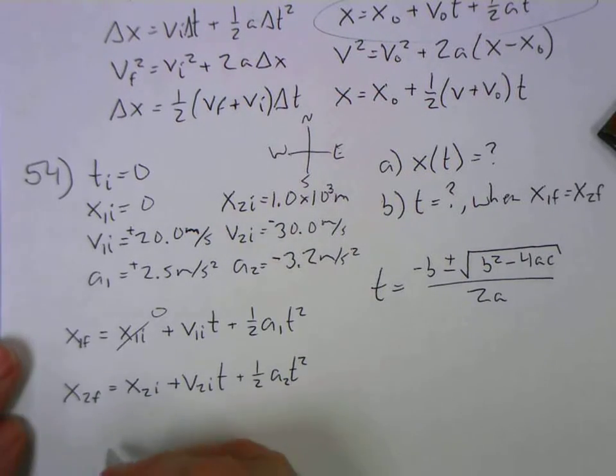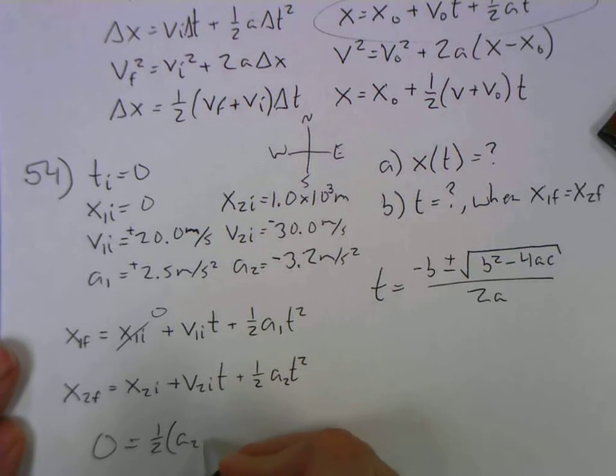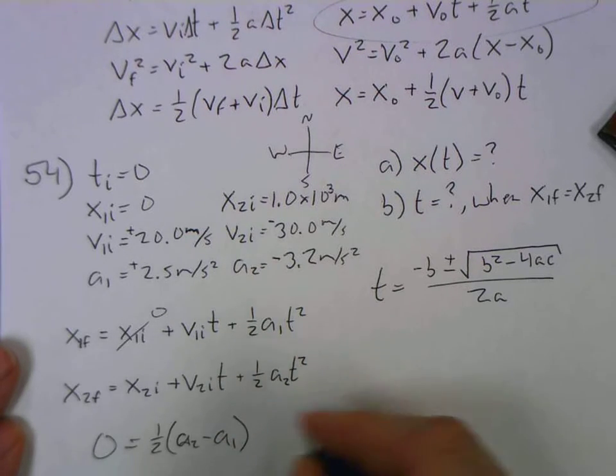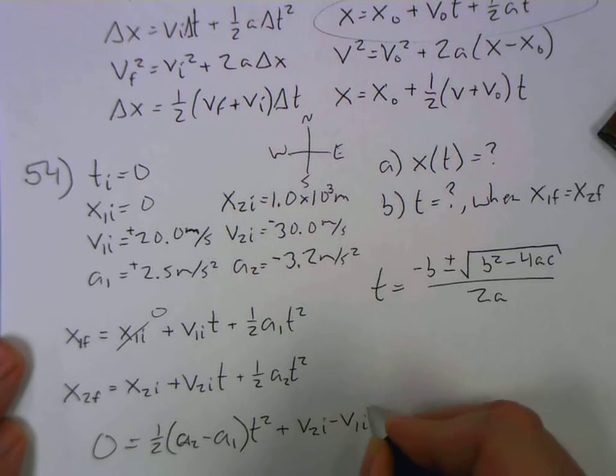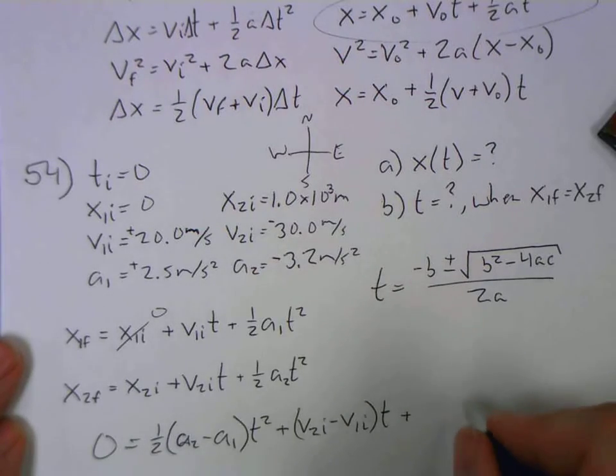Right? I'm going to skip a couple of steps here and jump to the fact that we've got 0 is equal to 1/2 times, I'm sorry, not a squared, a2 minus a1 times t squared plus v2 initial minus v1 initial multiplied by t plus x2 initial.